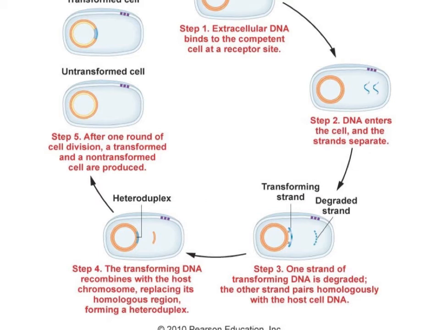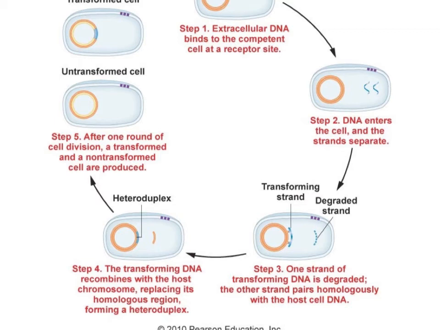And one of those, the transforming strand, can bind to regions of the bacterial chromosome and swap themselves in. So through complicated cellular machinery that is more detailed than we're going to get into, this heteroduplex can be formed where one of the original bacterial strands is cut and thrown out.